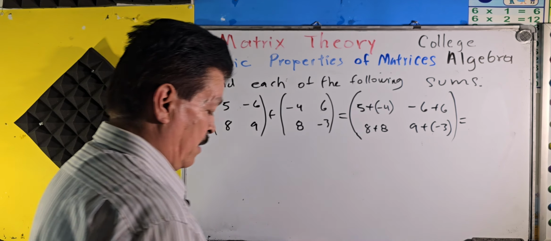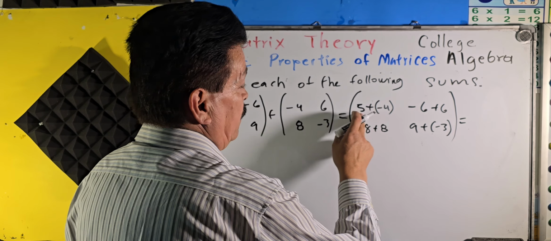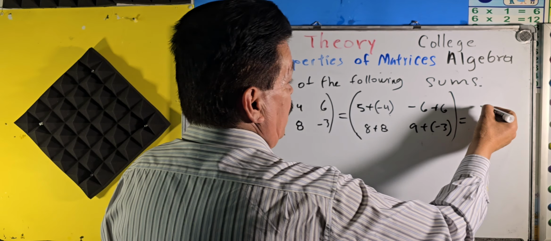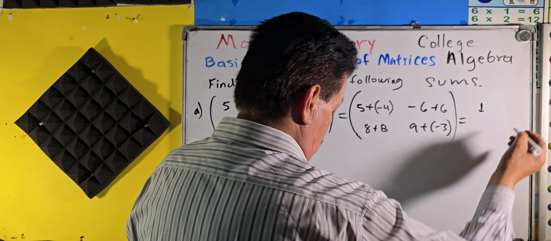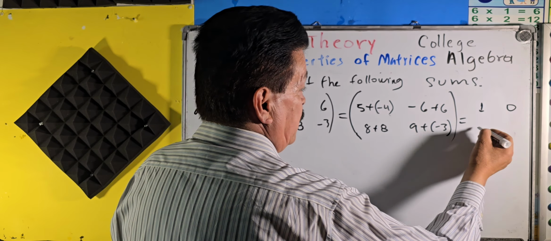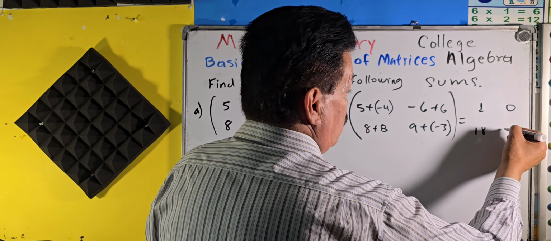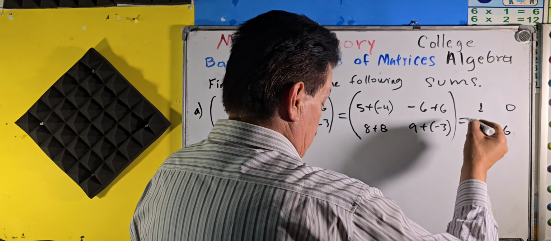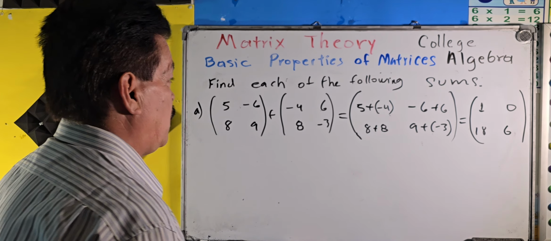This equals, you got it. The first one is 1 here, we have a 0 right here, then here 16, and then 9 minus 3 is 6. This is the answer, the solution of the first one.